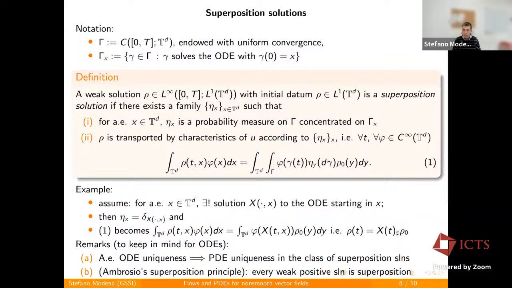So I have a question, Stefano. If you are not in the class of superposition solutions, how far can you go in the complement of the Fernandez setting?